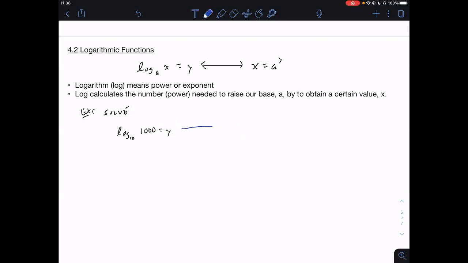What this problem is asking us is, in order to get this value of 1,000, what should we raise our base 10 to to get this output? So what should y be in order for base 10 raised to that value of y to give us an output of 1,000?